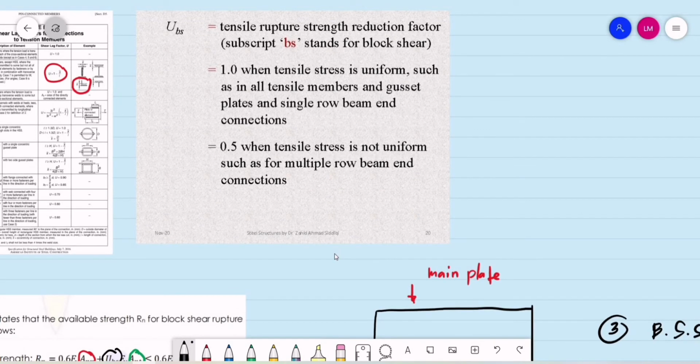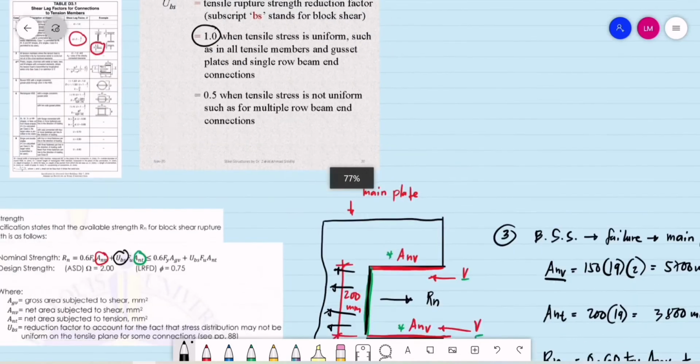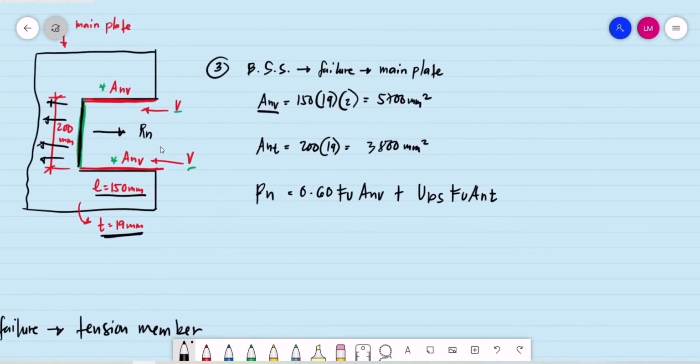So we can use the value of U sub Bs equal to 1.0.